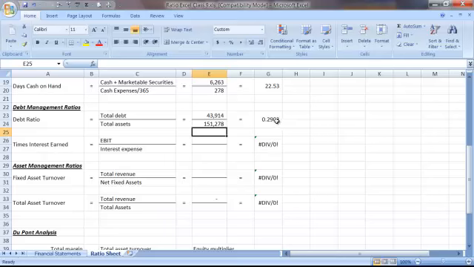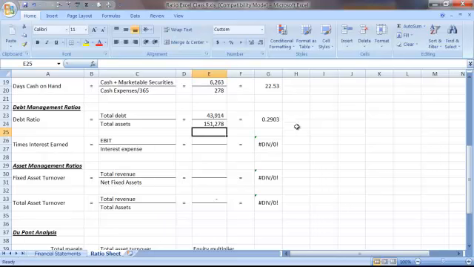So it's real important to have a decent ratio. On the other hand, a higher ratio may mean that you're really trying to leverage your assets, and that's a business decision. So again, it can be good and it can be bad, but you obviously don't want to have a ratio where you're over-leveraging.